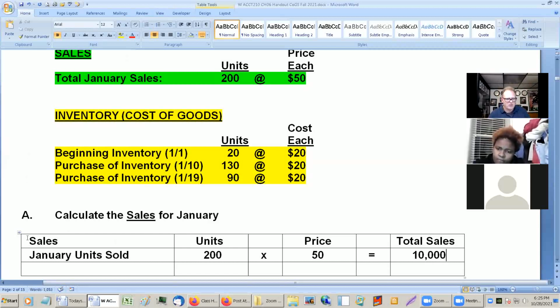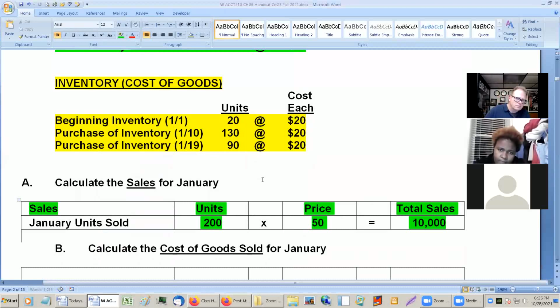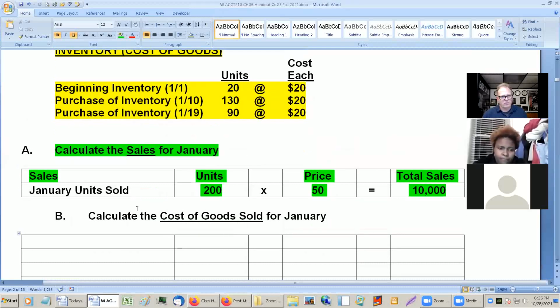Okay, so we sold these units. These are sales. So that's what came in. And the question is, well, what did we give up?